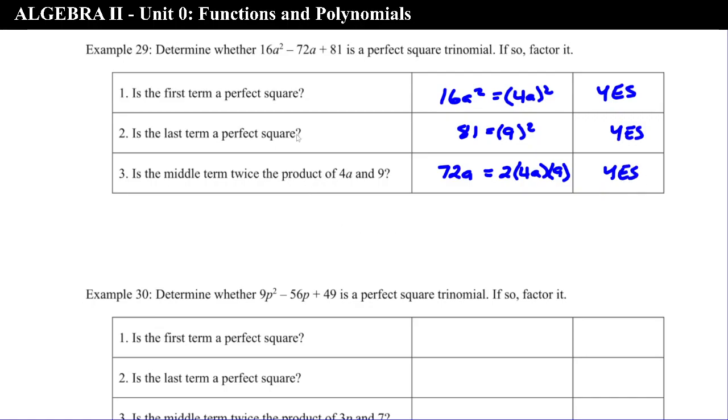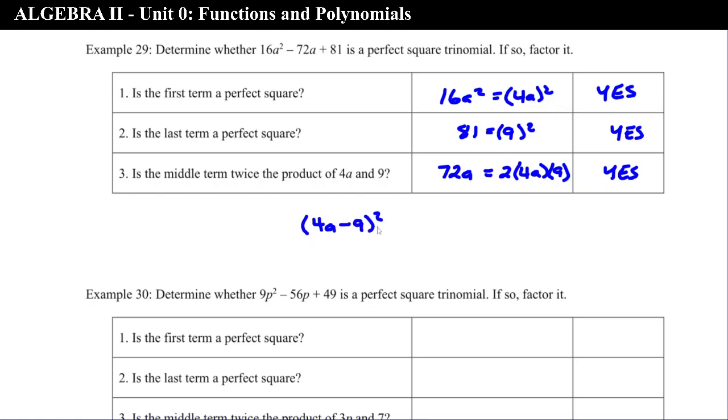And so we can factor this. You'll notice that the second sign, or the first operation, I should say, is negative. Since that first operation is negative, then we are going to subtract our two square roots. So we've got 4a minus 9 squared.